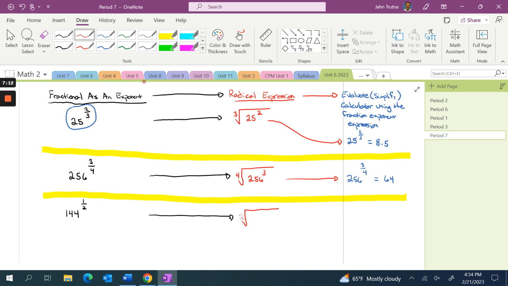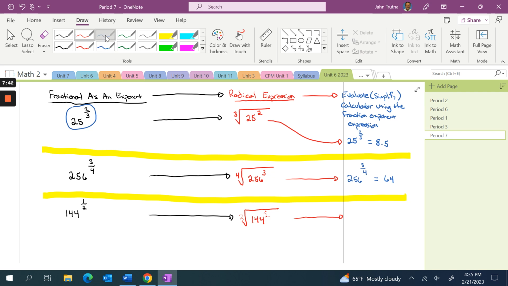It's invisible. It's implied that that's a 2. I take the 144, the base of the exponent, and that goes inside my radical symbol, and that 144 is going to have an exponent of 1. But if the exponent is a 1, you don't bother writing it. So if the index is a 2, don't write it. It's implied. So then this problem becomes the square root of 144.